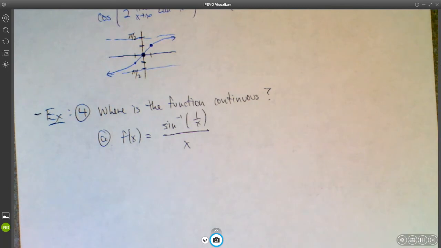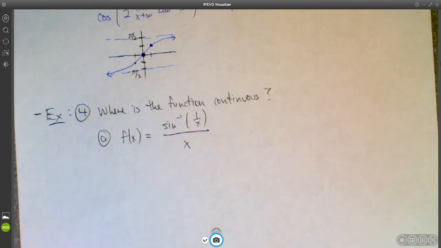Well, sine inverse is continuous on its entire domain. The domain of sine inverse. Oh goodness, what is the domain of sine inverse? So the range of the sine function is -1 to 1. So the domain of the sine inverse function is -1 to 1.